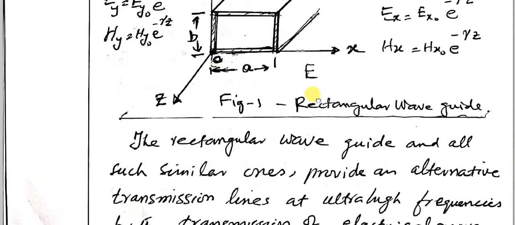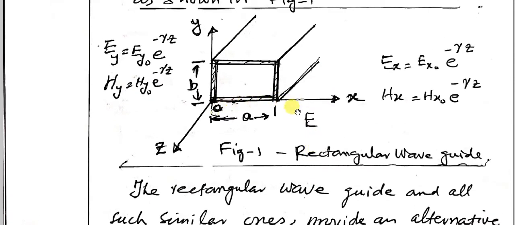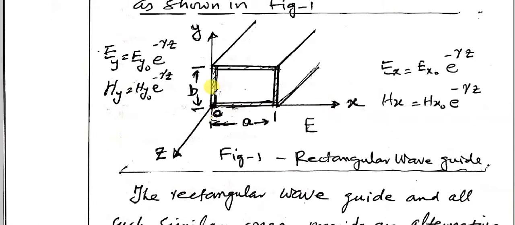In this figure we now have A along the x-axis and B along the y-axis, and Z is the direction of propagation, the signal coming out of the rectangular waveguide along the Z direction.